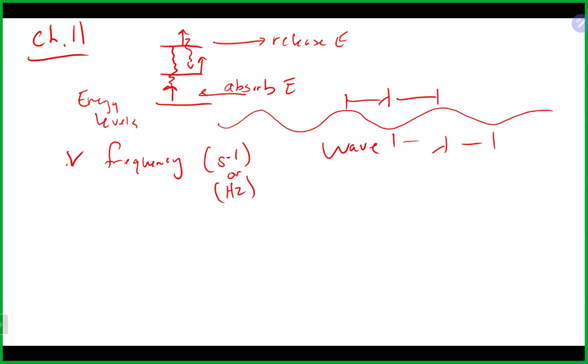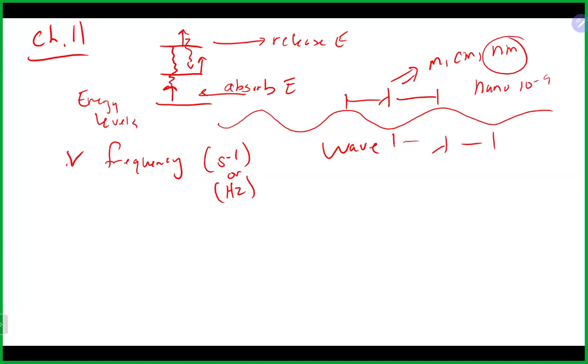They are a one-to-one relationship, so one reciprocal second is the same as 1 hertz. Wavelength, by the way, is typically given in meters, sometimes centimeters, and a lot of times nanometers. And nano, again, is a common conversion, which is 10 to the minus 9.